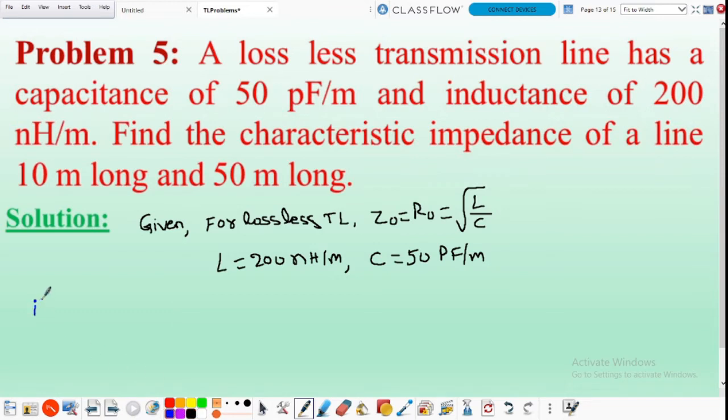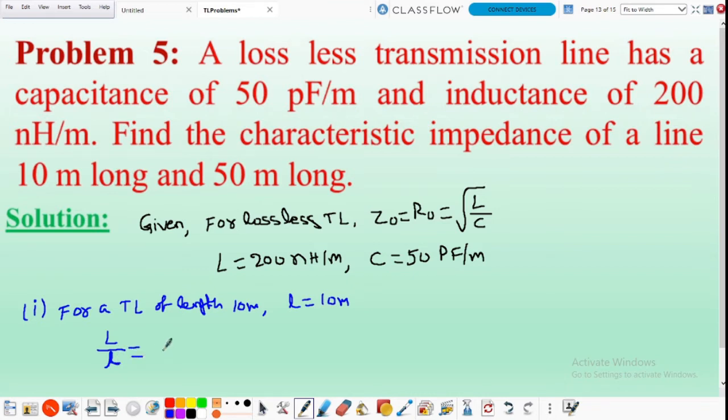First bit, determine the characteristic impedance for a transmission line of length 10 meters long. So 10 meters long means l is equal to 10 meters. Here capital L is the inductance and small l is the length of the transmission line.